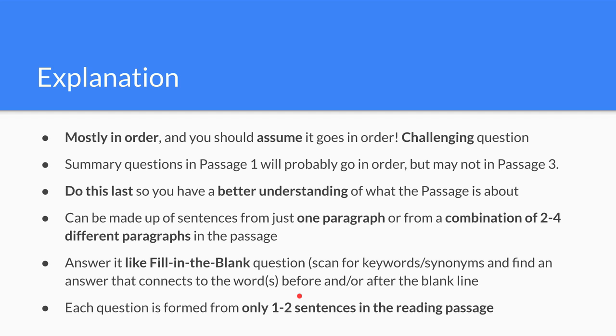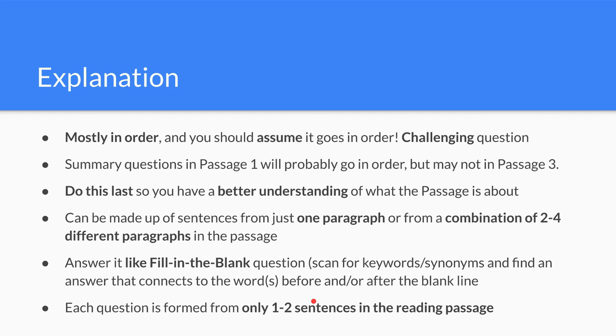Finally, as you already know, in this case as well, every question is going to be formed from only 1 to 2 sentences in the reading passage. So if you look at the entire question set, the different questions can come from different paragraphs. That is possible. However, the answer to each one of these questions is only going to come from 1 to 2 sentences.